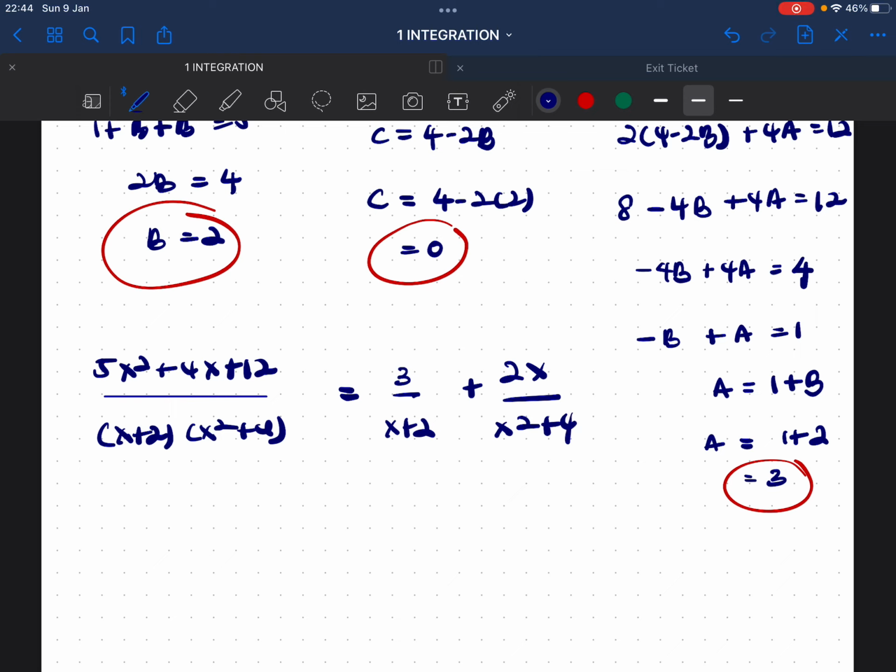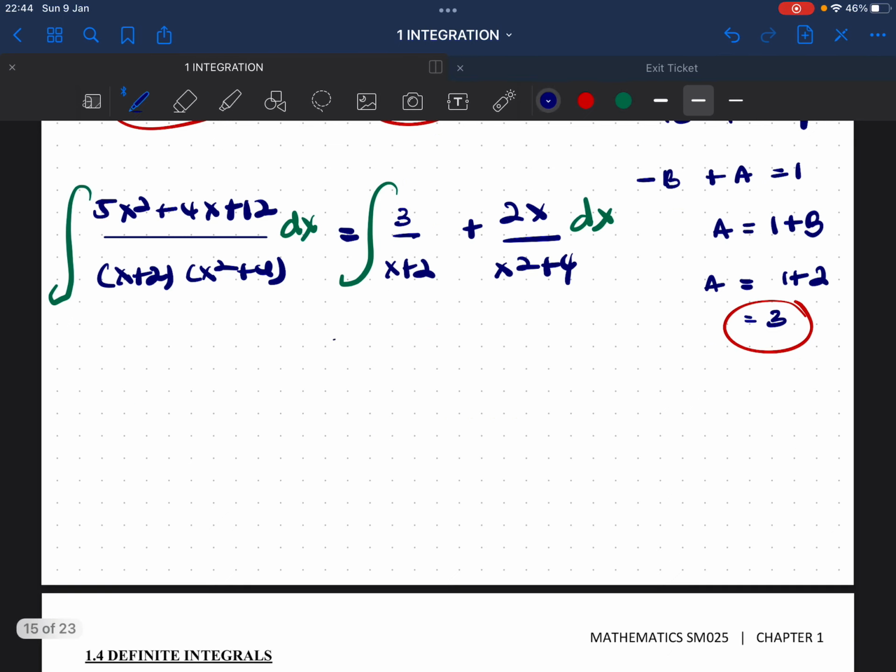So as what we did earlier, you want to find the answer for this integral. That means you have to integrate this part here. So just integrate your left hand side. That will be 3 ln modulus x plus 2.